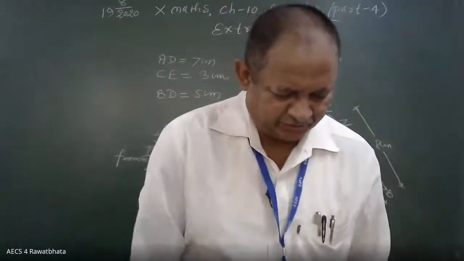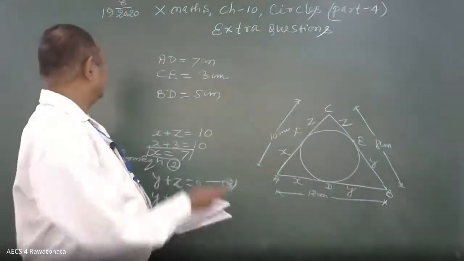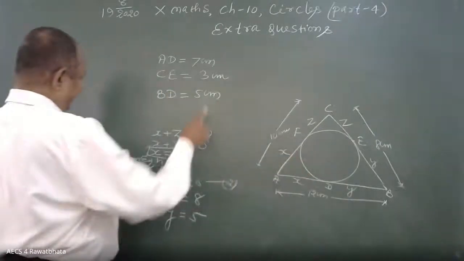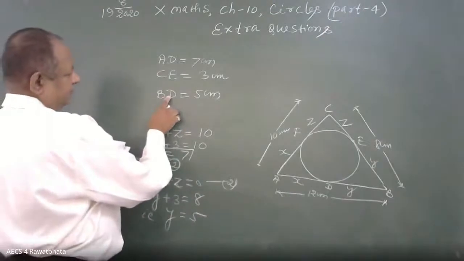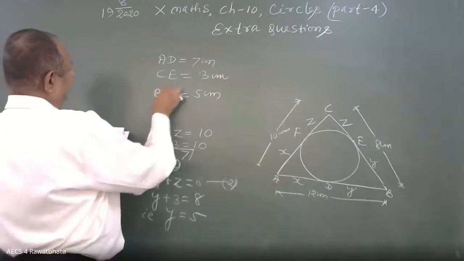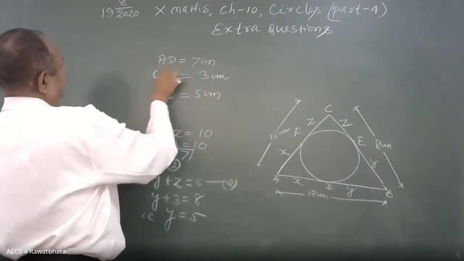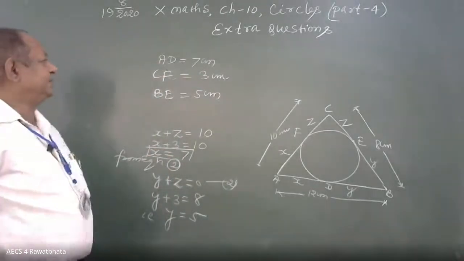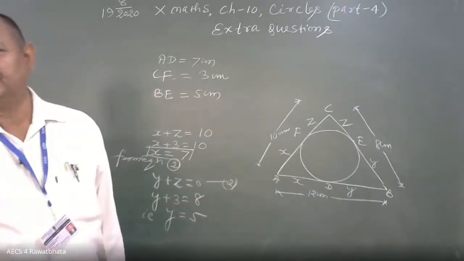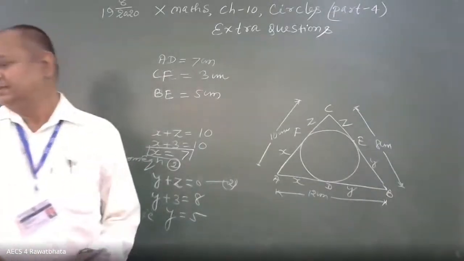Right? So we had to find the values of AD, BE and CF. So AD is 7 centimeter, BE is 5 centimeter, CF is 3 centimeter. Correct.